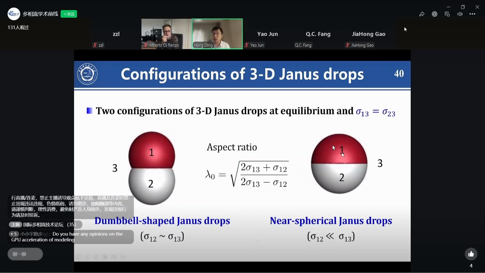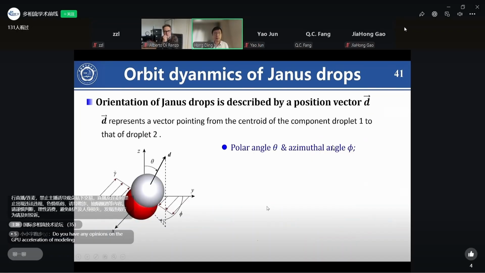The other case is if we assume that the surface tension at the inner interface is much smaller than that at the outer interface, then this Janus droplet would be very close to a pure droplet. That means an almost isotropic, spherical shape.